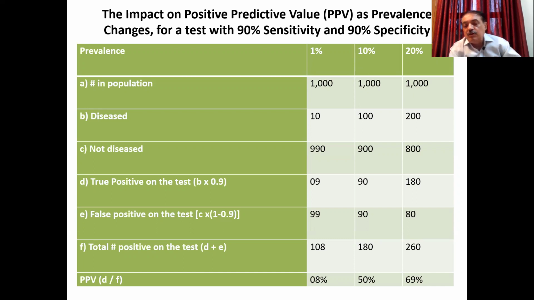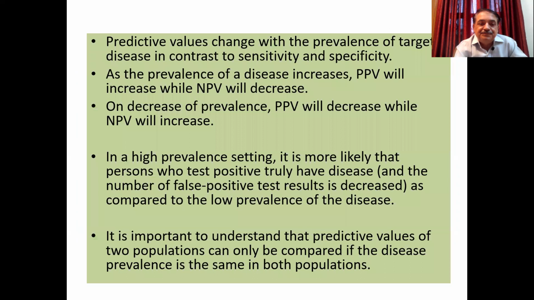So 10% of 800 will be 80 false positive. So 180 plus 80 will be all positives, total of 260. And out of 260 total positive, true positive is 180. So 180 out of 260, that is 69%. So we can see how the prevalence is affecting. If prevalence is increasing, PPV is more reliable.